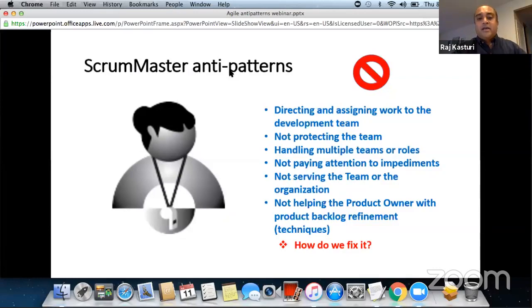Last sprint, you have done maybe 10 product backlog items, and this time if you're accepting 20 product backlog items, that may be too much. Just think about it. So it's suggesting, not dictating.